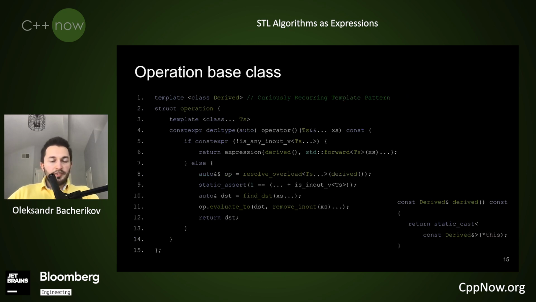Now, to implement these operations, we use function objects, not functions. And the first benefit is demonstrated on this slide. Here we have the implementation of base operation, and it's using the curiously recurring template pattern.